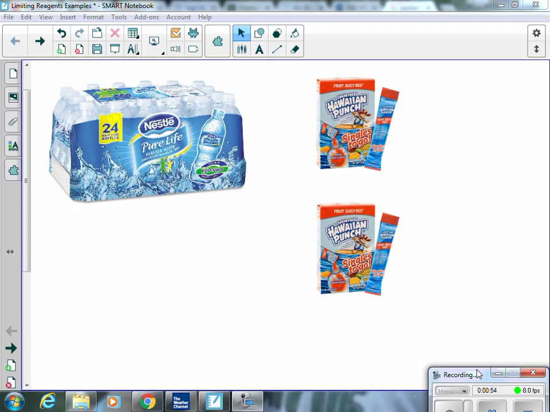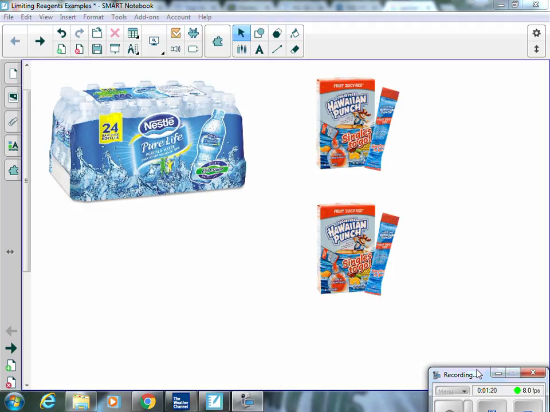Limiting reagents. Now let's pretend that this is a chemical equation. All right? I have one case of water reacting with 2 boxes of Hawaiian Punch, looks like fruit punch mix. All right?